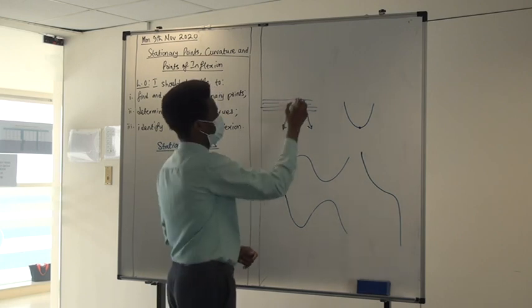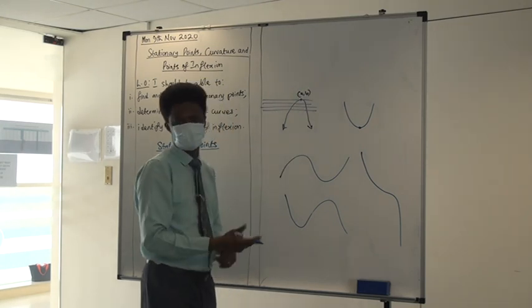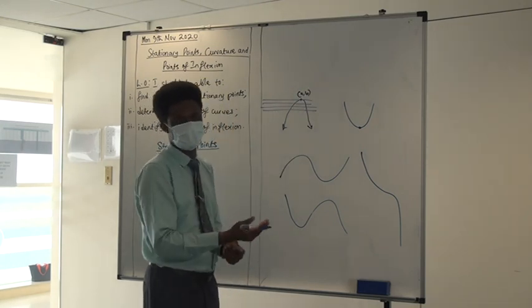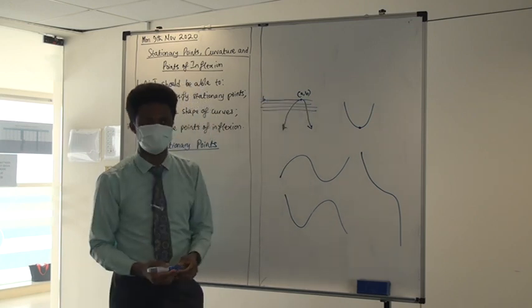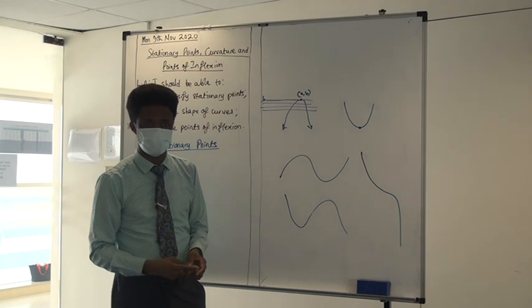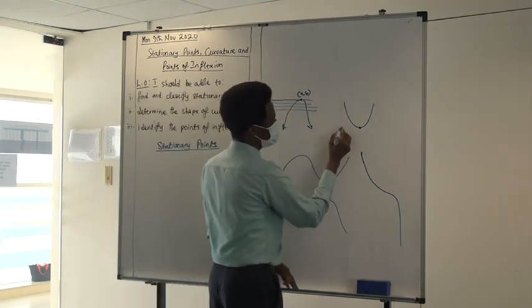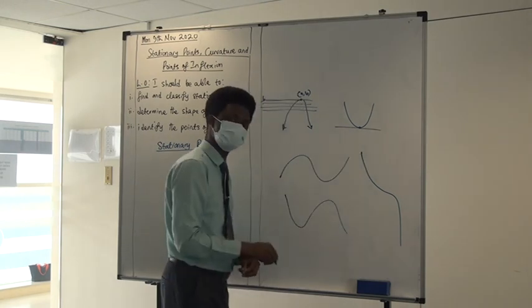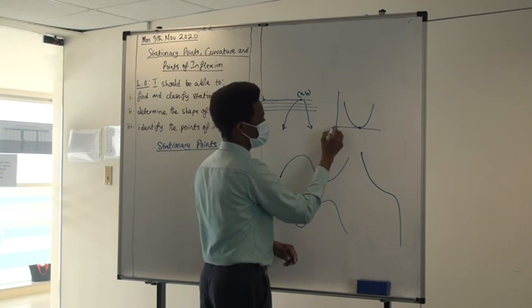Understand? So the point, of course, is a 2 coordinates thing. A point consists of both x and y. So the value of b here is called the maximum value. Okay? But the point consists of both the x and y. Similarly, this is your minimum point of the curve. This point. Okay? Which means the y value here is the minimum value.